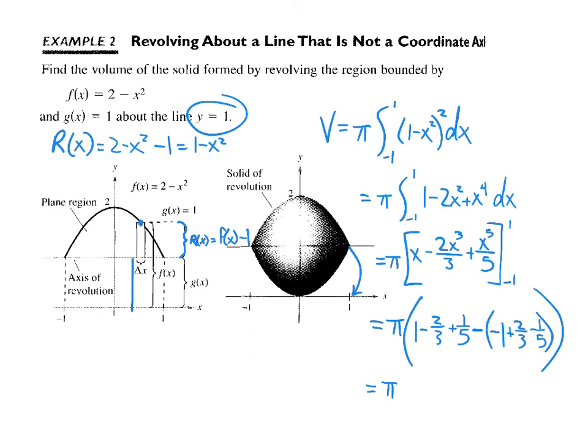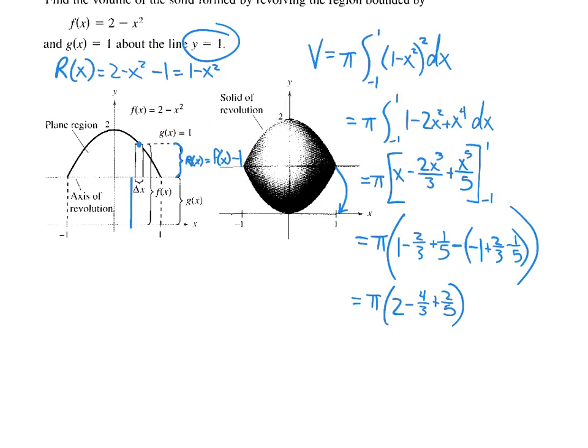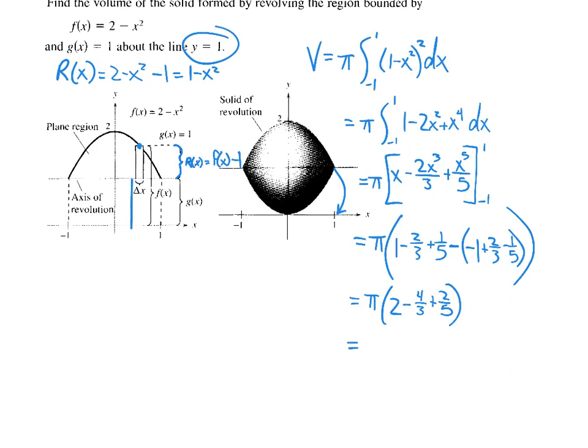So this whole thing inside simplifies to 2 minus 4/3 plus 2/5, which is 2/3 plus 2/5, that's 10/15 plus 6/15, so 16/15 pi units cubed.